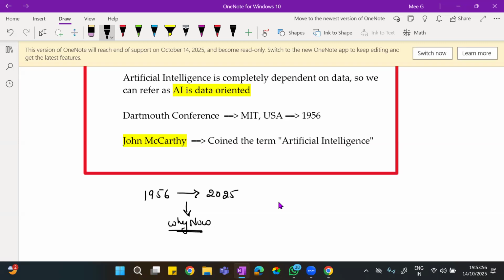See, as I told you, AI is data oriented. In 1956, just imagine the person who spoke about AI, just imagine his future vision. This gentleman wanted to build intelligent machines, but unfortunately that time did not permit him.